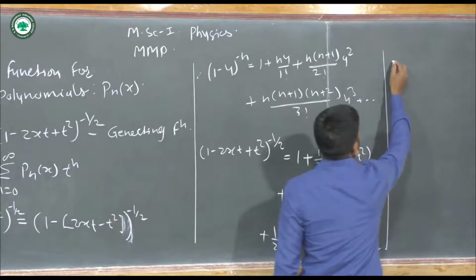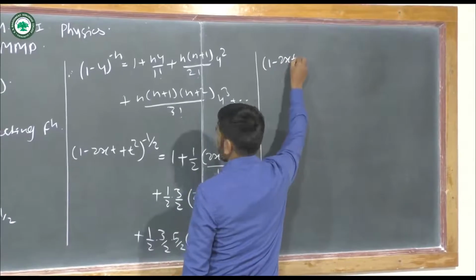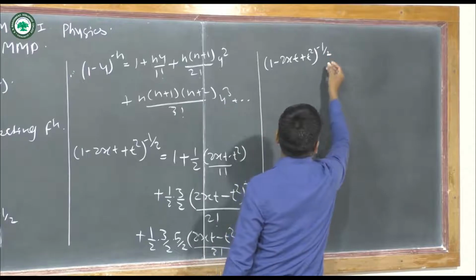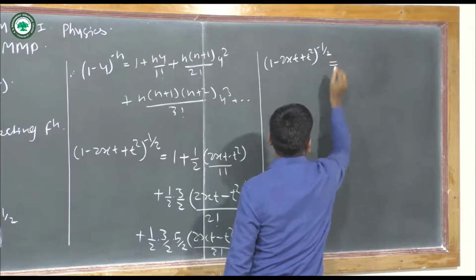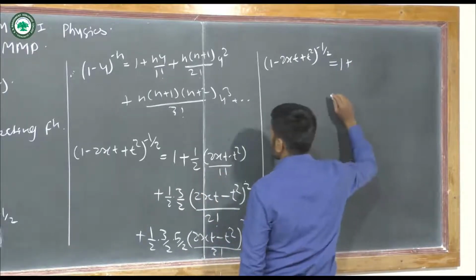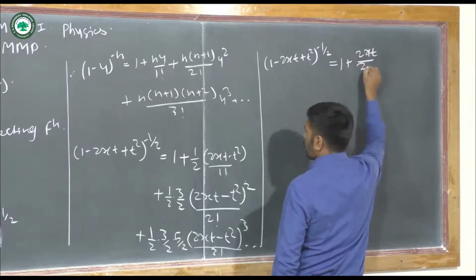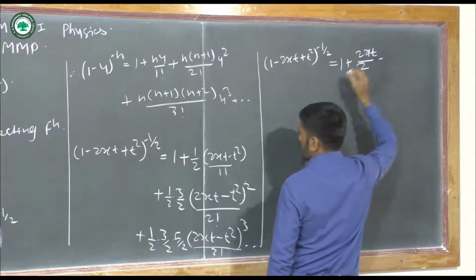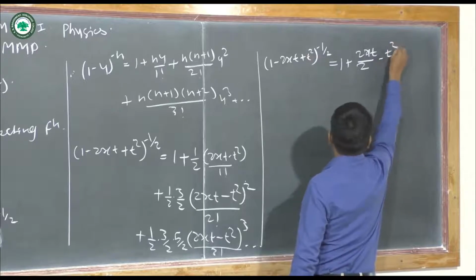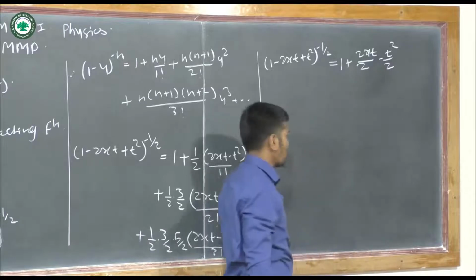So (1 minus 2xt plus t square) power minus half is equal to 1, for the first term as it is, and then 2xt divided by 2 minus t square divided by 2, multiplied with 1 factorial for this term.